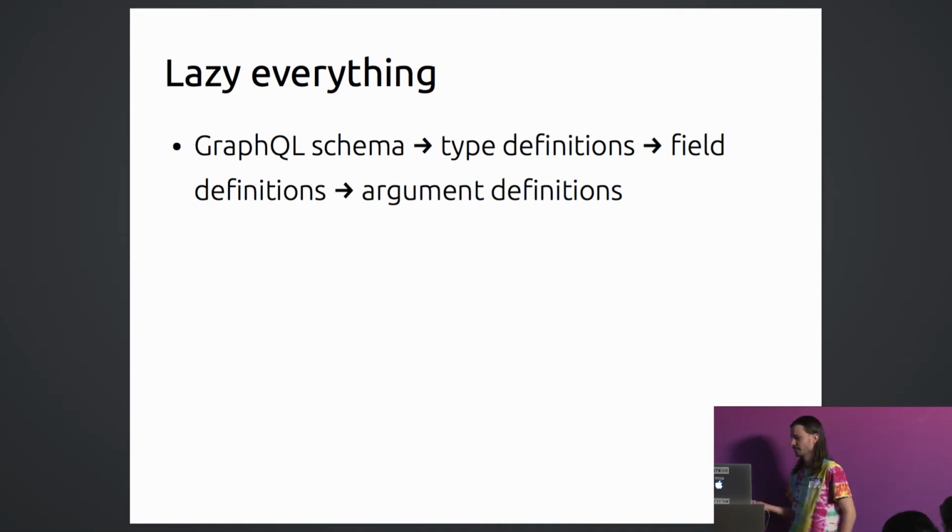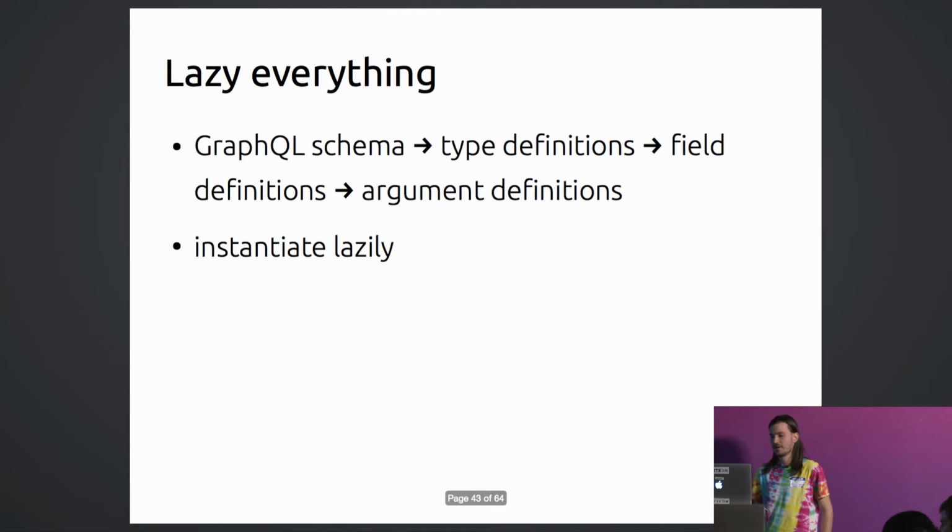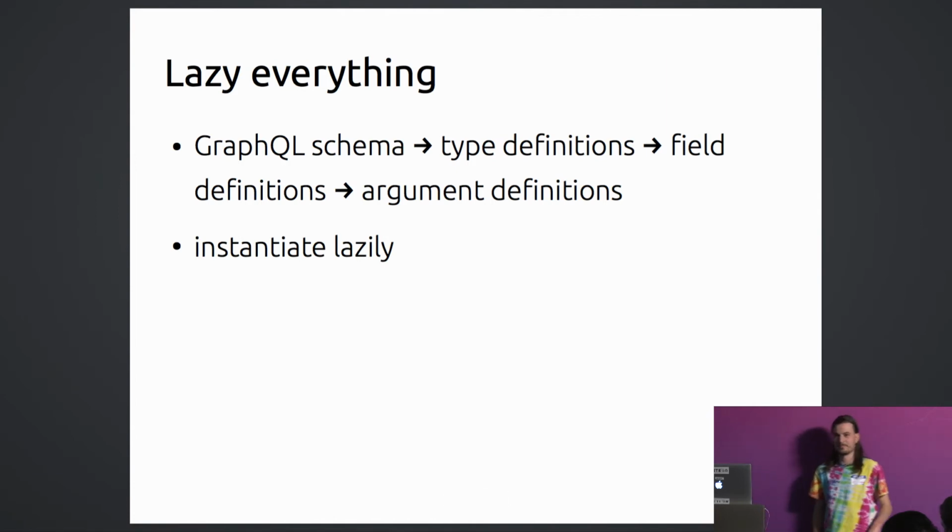So it turned out to be really important for us to instantiate these lazily. Every time we receive a web request, we wouldn't instantiate this whole schema with all the possible types and all the possible fields and their definitions and all their arguments. We would just instantiate whichever types, whichever queries, whichever fields were actually queried.